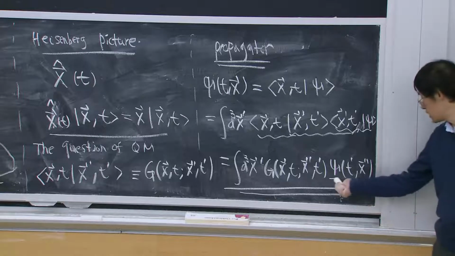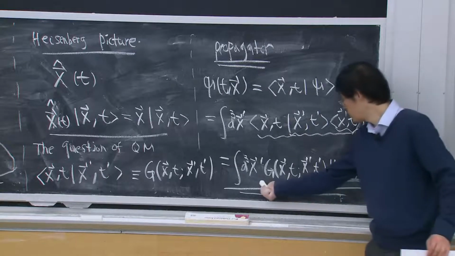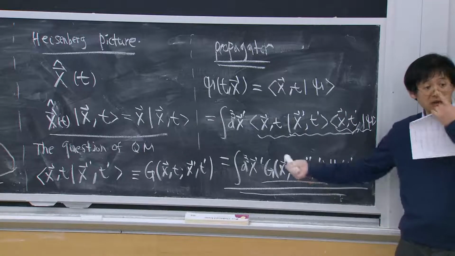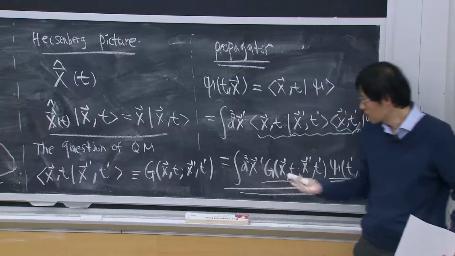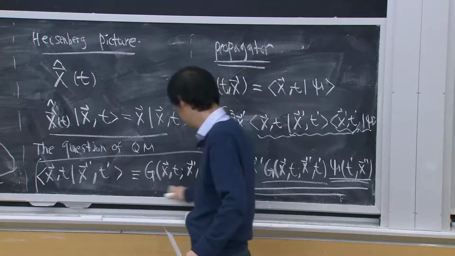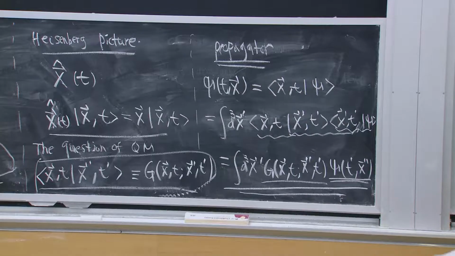So given the initial wave function, if you know the propagator, you just need to do an integral to find the wave function. The full knowledge of your quantum mechanical system is essentially encoded in this propagator.